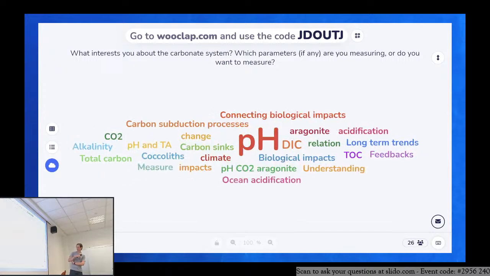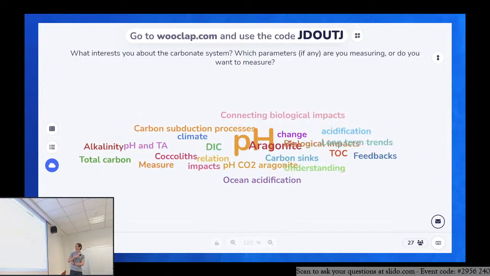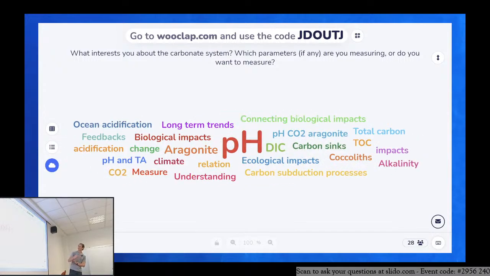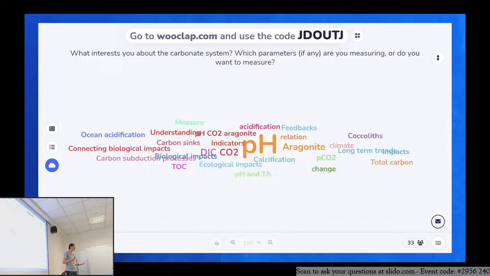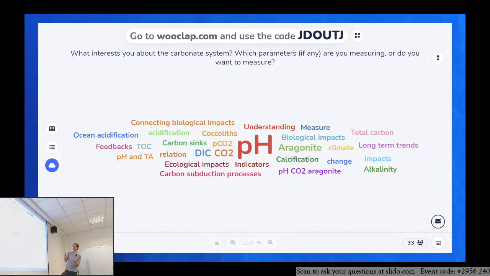Okay, I think we're getting towards some stable results. pH, of course, is coming out in a big way, and ocean acidification. I also think there's more to the carbon system than just that. We can learn quite a lot about the biogeochemistry of the marine environment in general from measuring carbonate system parameters.